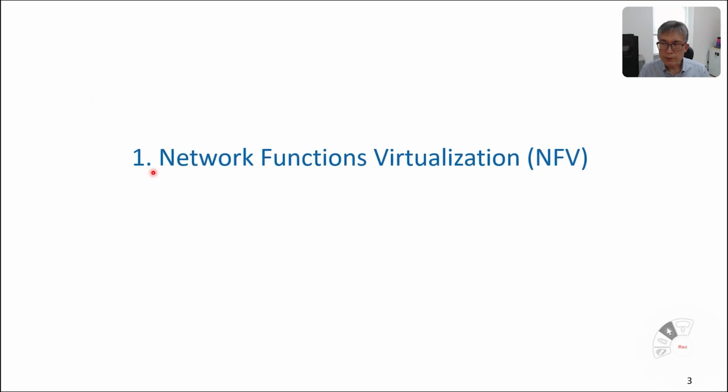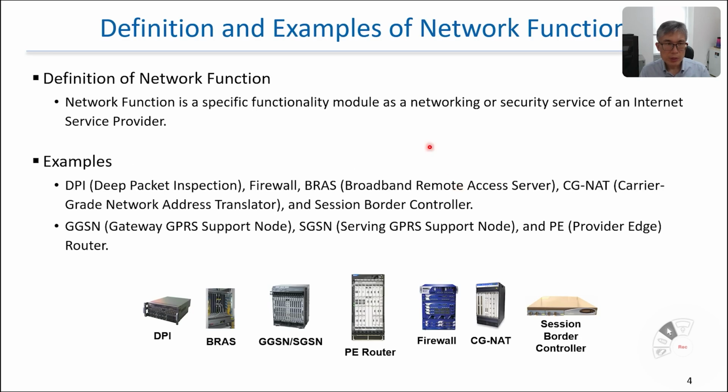The first topic is network functions virtualization, NFV. Basically, NFV is a specific functionality module, such as a networking or security service, for an internet service provider. It is called the ISP.